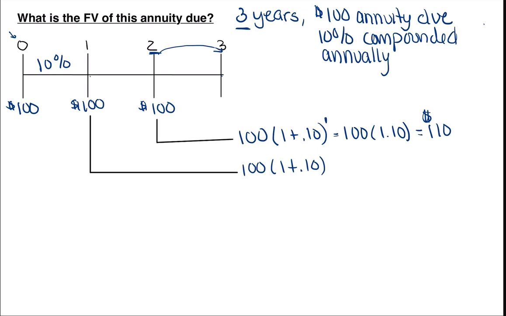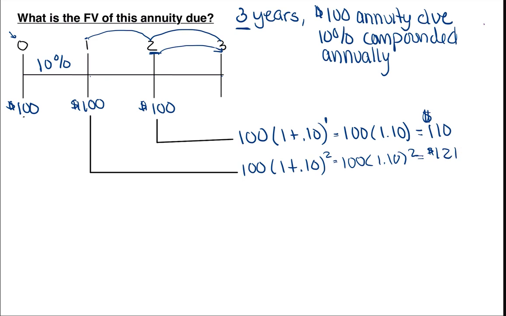In this case, we're here at 1, so we're going to go 1, 2. So that's 2 compounding periods, so our exponent is going to be 2. And we're going to get 121.